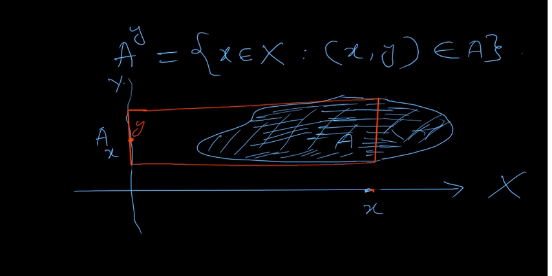Then you choose this from this point, and draw the perpendiculars onto the x-axis, and see this one.